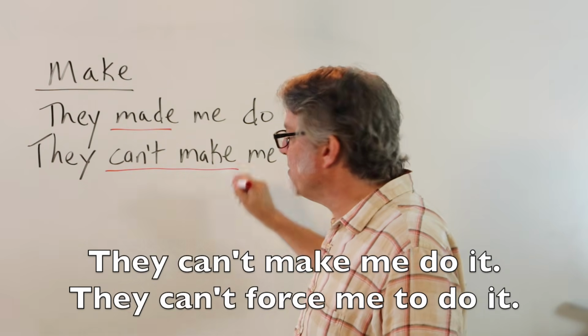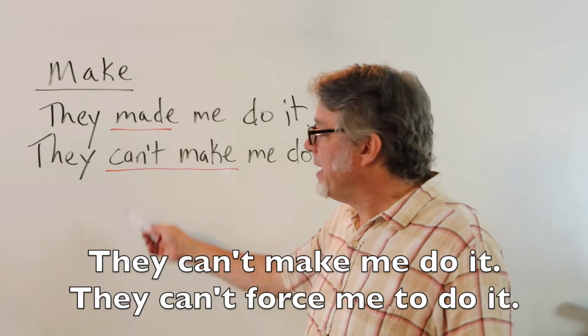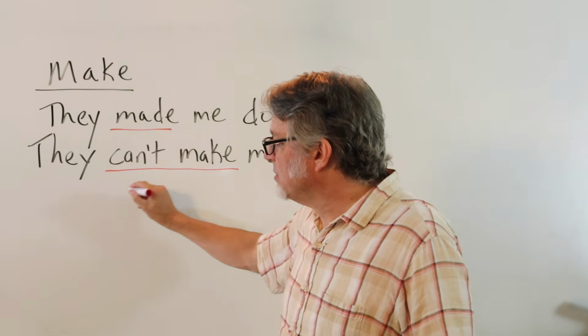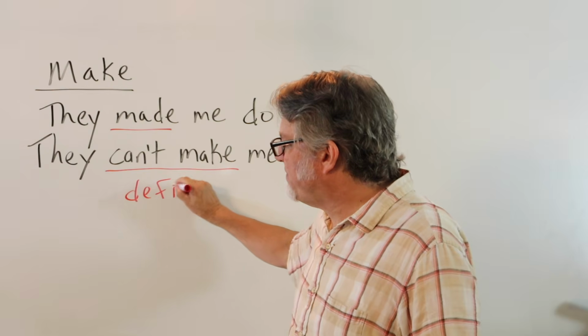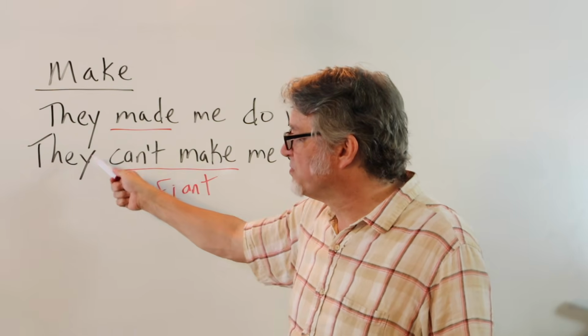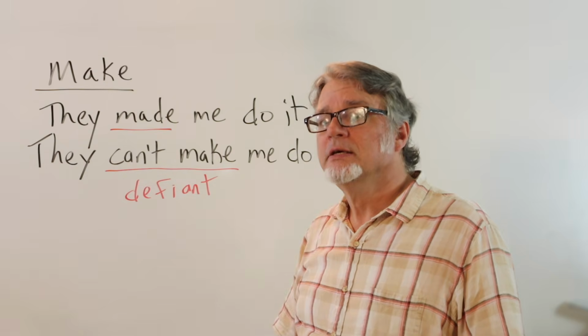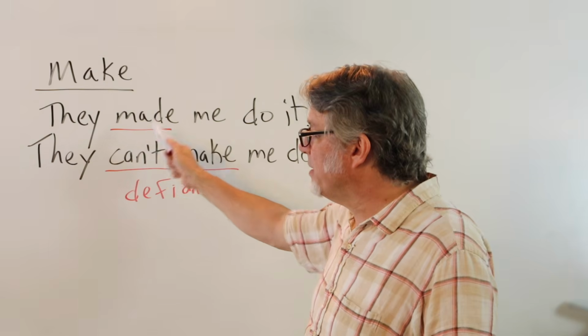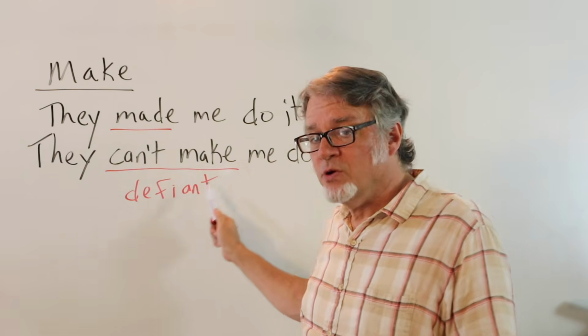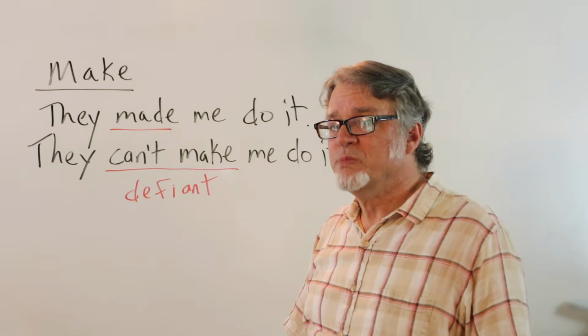They can't make me do it. They can't force me to do it. In this sentence, a person remains defiant and resists the pressure that comes from the subject. They made me do it, they forced me to do it, or they can't make me do it, they can't force me to do it.